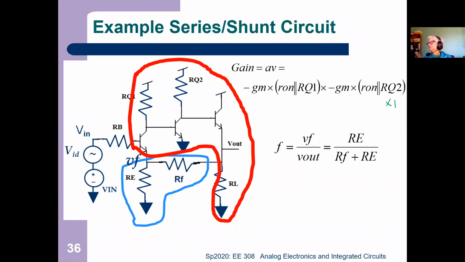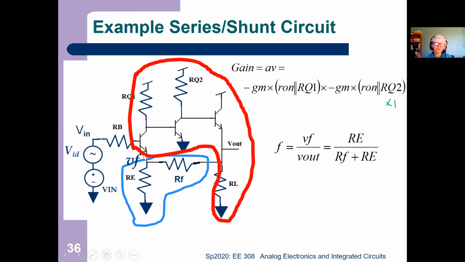But what I'm going to talk about right now is the case where RE and RF are either too big for the input, in other words, they get loaded by the input of the amplifier on this feedback right here. So let me get rid of that.